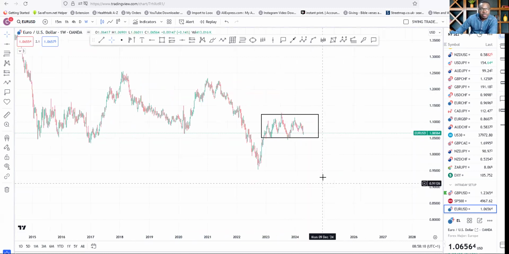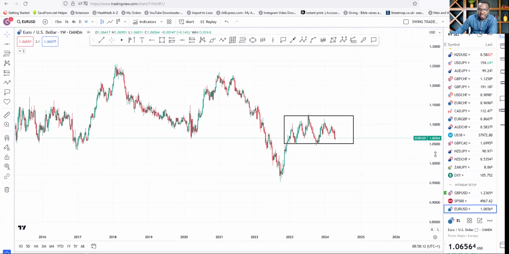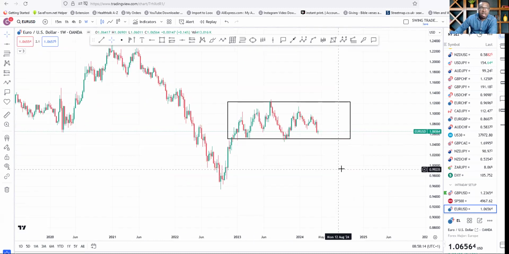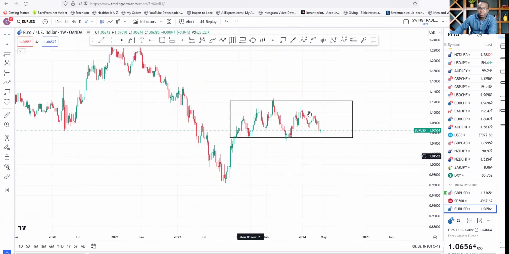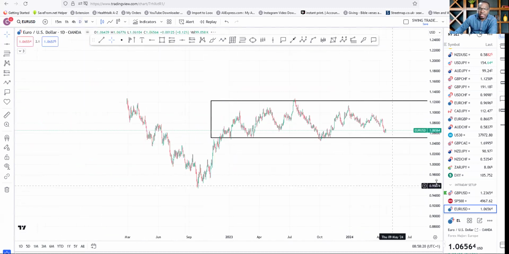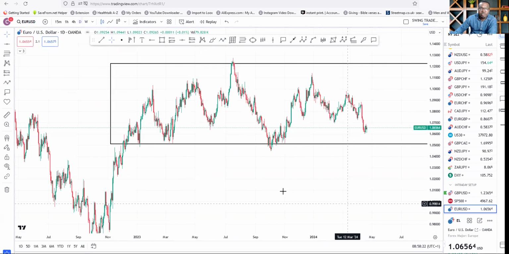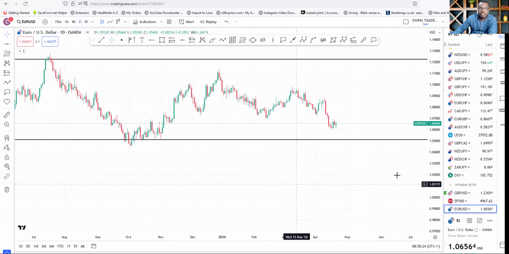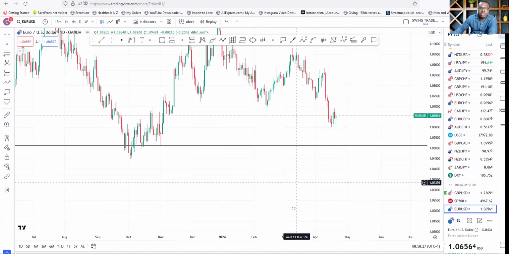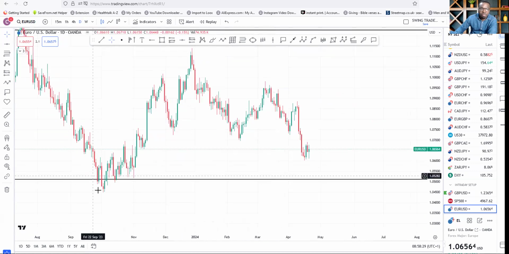But if you want to trade it, I will give you an idea as a day trader, not as a swing trader, because as a swing trader there is no setup for you. Let's look at the day trade strategy on the daily time frame. We can see that the market is giving us bearish momentum. But here is the goal. If the market can break this low, then we know it's going to go lower.